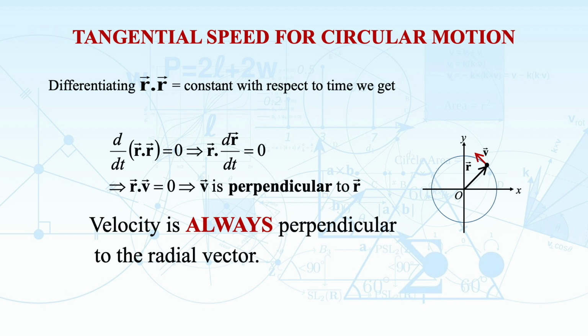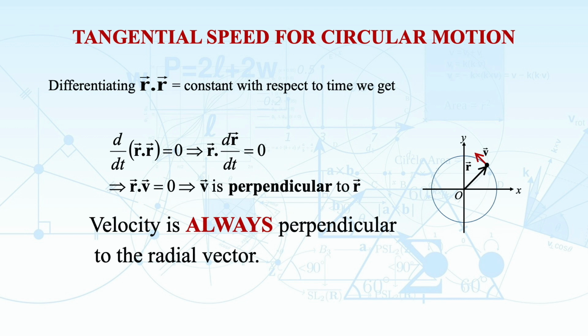From your understanding of scalar products, you also know that if the scalar product of two vectors is 0, then either the vectors themselves are null vectors or they are at right angles to each other. Since we can see for ourselves that neither of these vectors is a null vector, we have to conclude that v is always perpendicular to r.